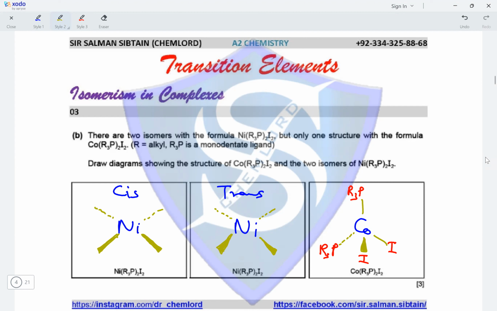So here, the two ligands that are placed next to each other are iodide on this side and R3P on the opposite side. Whereas in the trans isomer, the iodides are placed diagonally opposite to one another, and R3P is also placed diagonally opposite to one another, completing the cis and the trans isomers of the given complex.